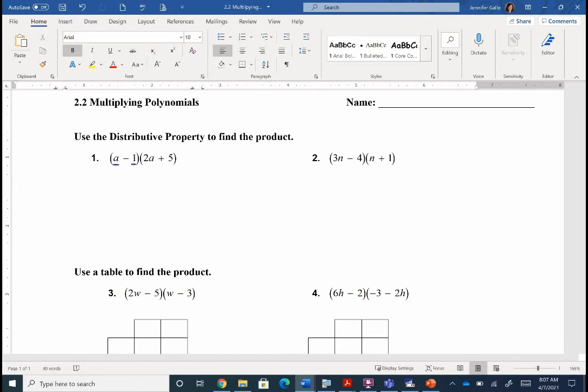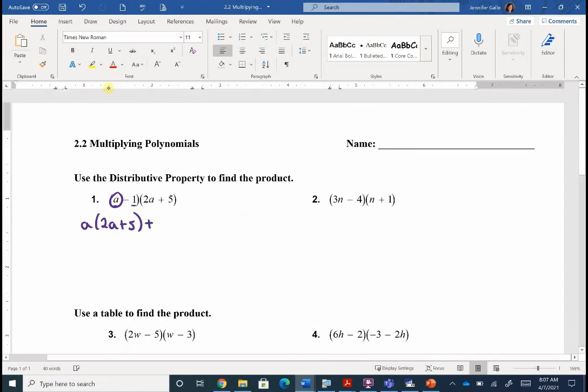So I'm going to take the A from the first set, and I'm going to distribute it to the second set. I'm actually going to take that first term and put it in front of the second set of parentheses. So instead of trying to draw a bunch of arrows, I'm going to separate things out. So I took the first term, wrote it in front of the second set of parentheses.